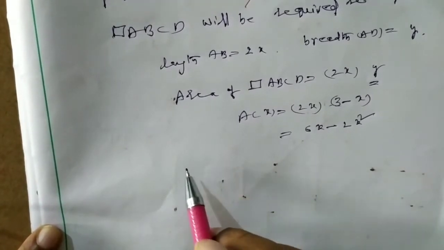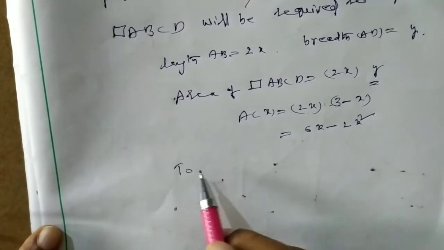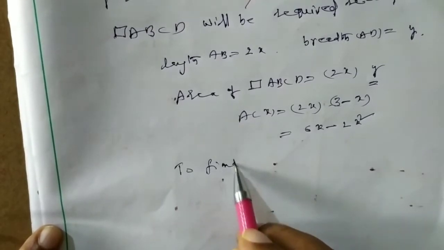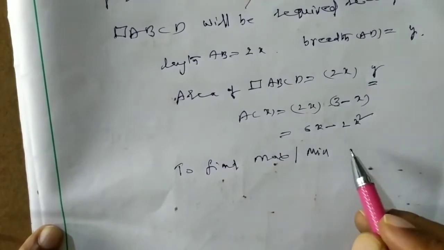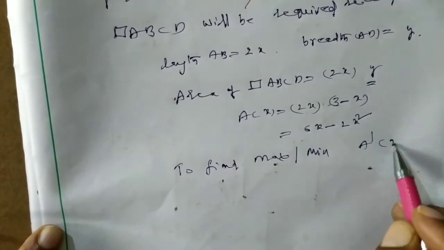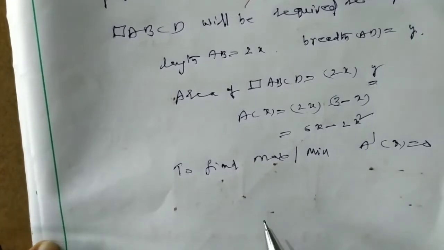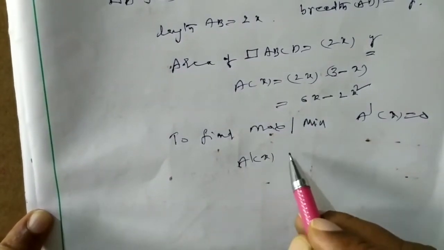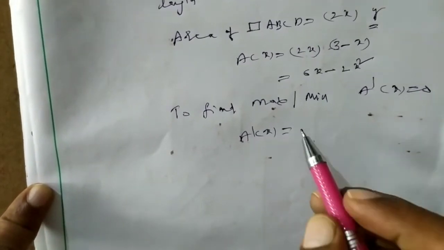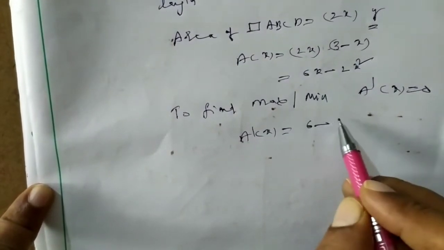To find the maximum or minimum, we have to find A dash of x is equal to 0. A dash of x here is equal to 6 minus 4x.